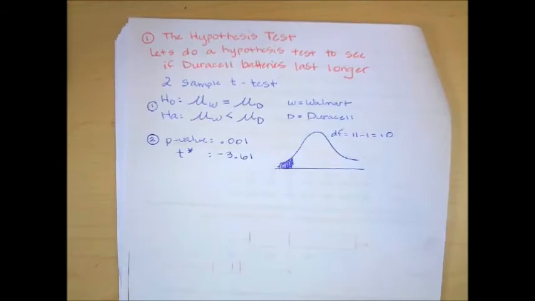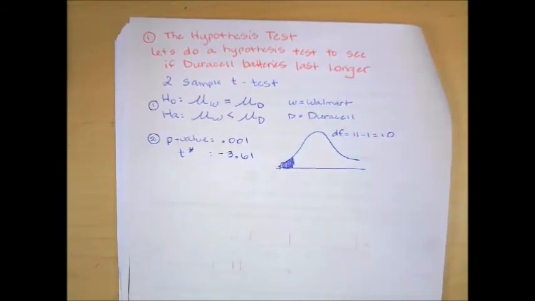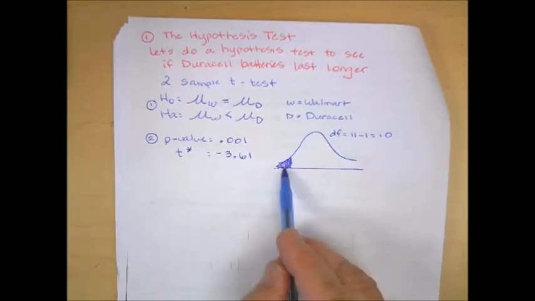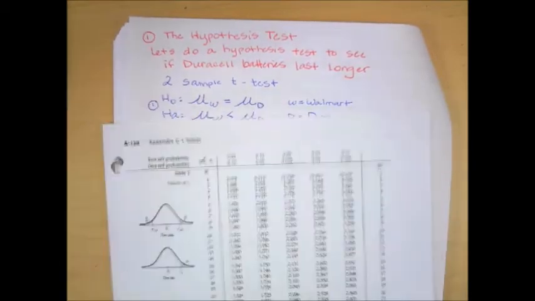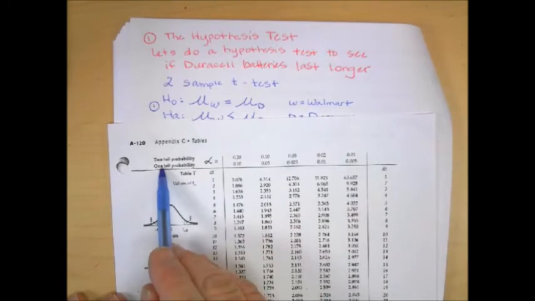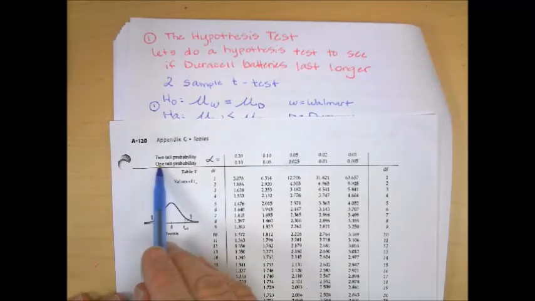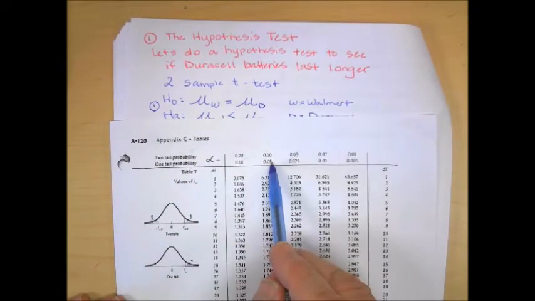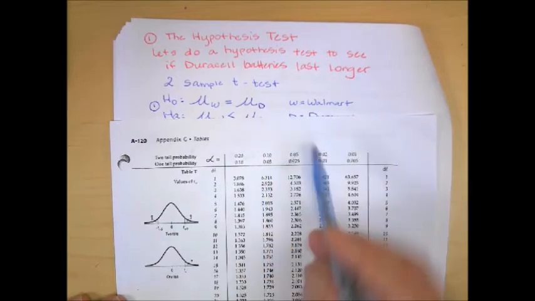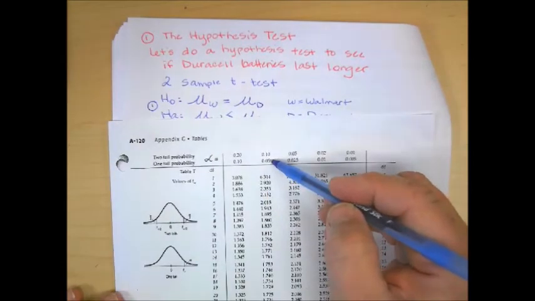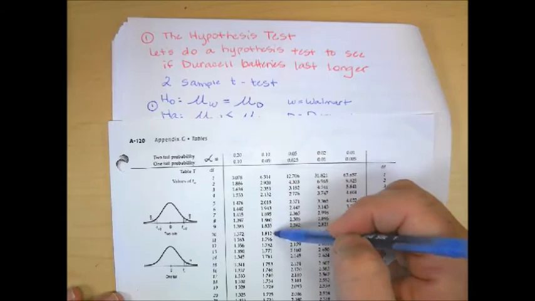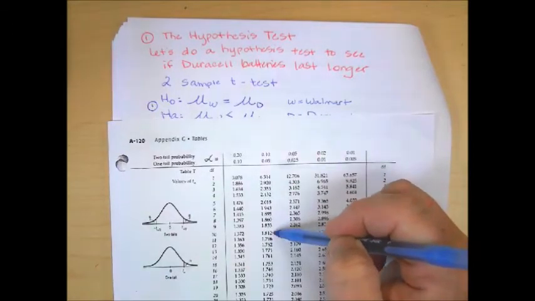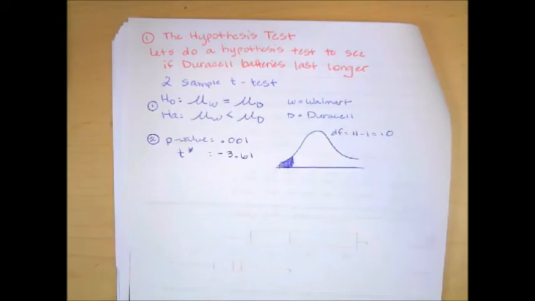So what would be the critical point? One-tail probability. Alpha equals 0.05. So go straight down until you get 10 degrees of freedom, and you get negative 1.812 because we're on the low side.